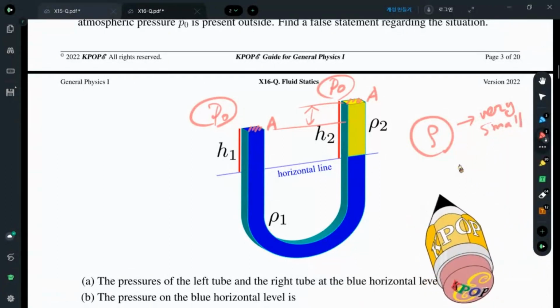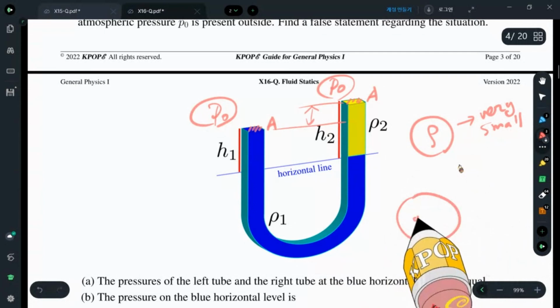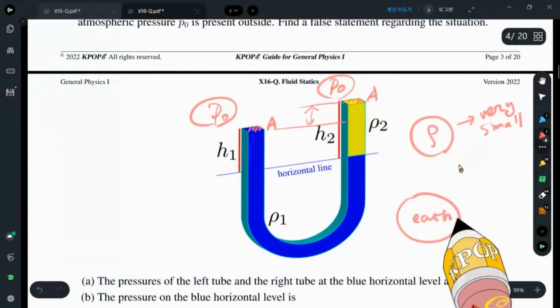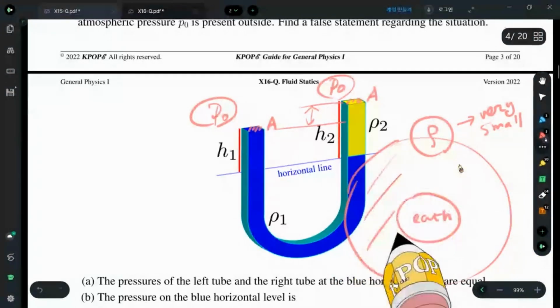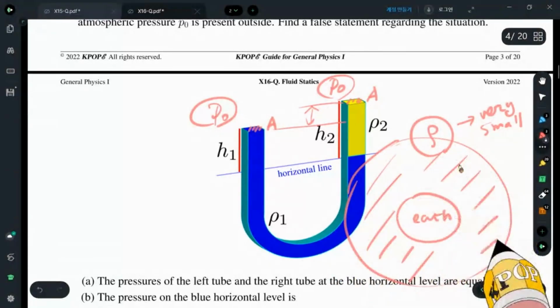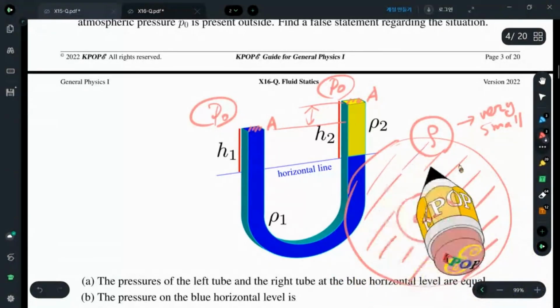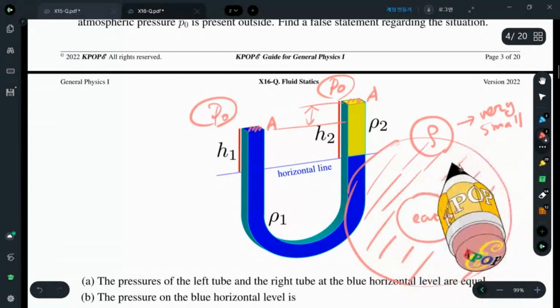For example, the atmosphere, this is the Earth, and we have a big amount of air, and the densities are different.